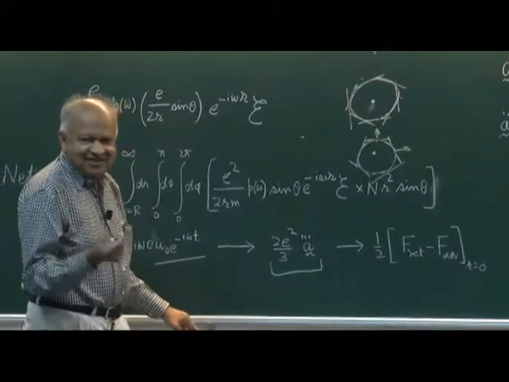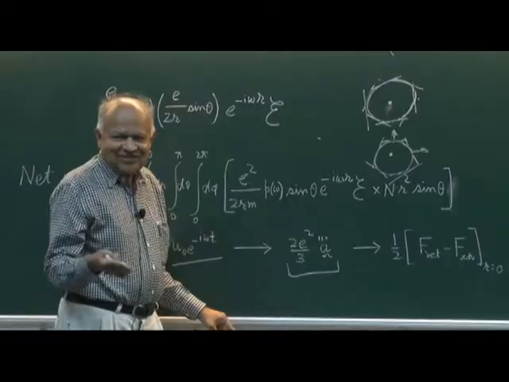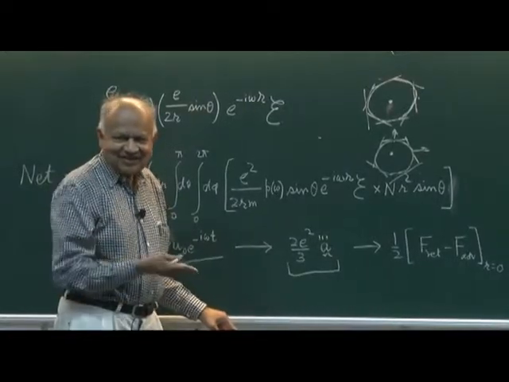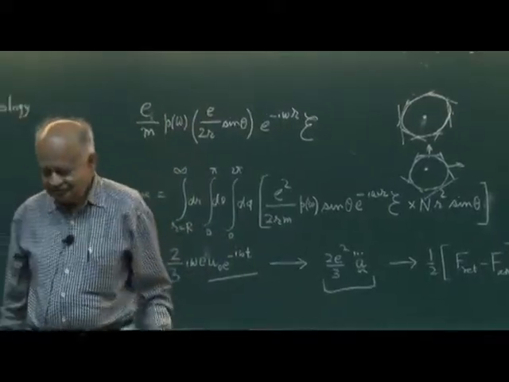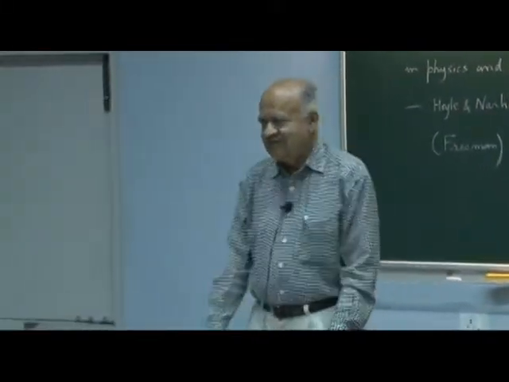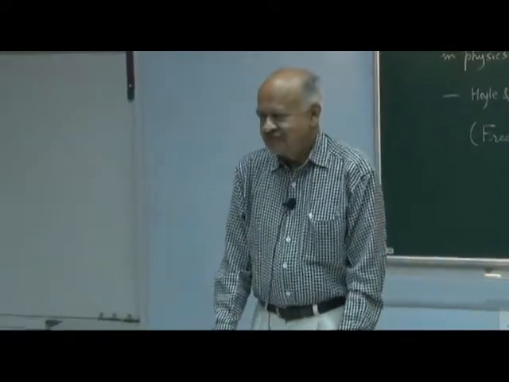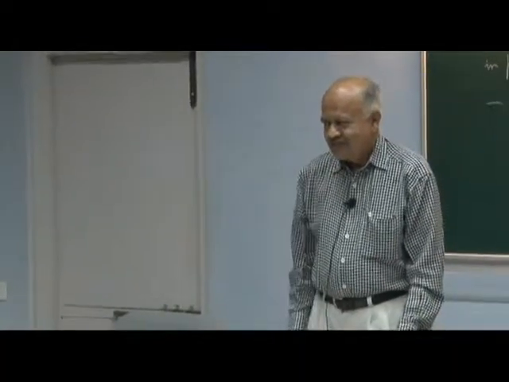Now, if there is any doubt somebody has on what I have done, please, you can always interrupt me in the lectures. Yes. These signals are propagating with the velocity of light. Suppose I make a perturbation on one charge, it will go up to some extent in some time.